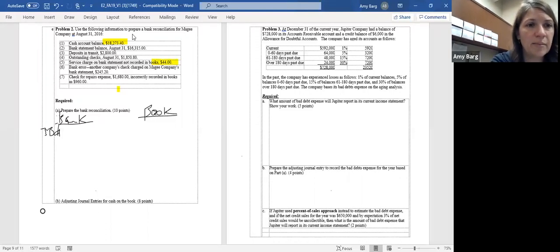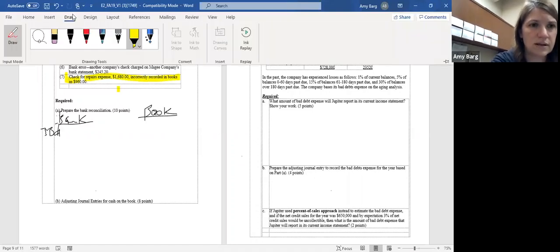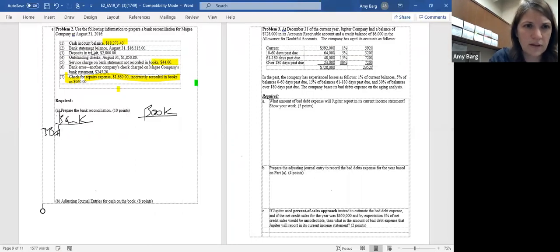There is a bank error. That means something the bank needs to fix. But then there's a check for repairs expense for $1,680 incorrectly recorded in the books at $960. So that's something else that we're going to have to do in the books. And as I was just saying, the bank statement, that's a bank thing.